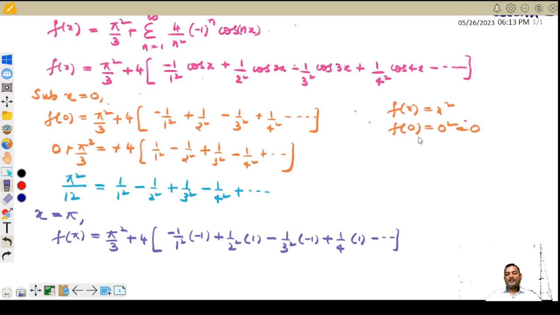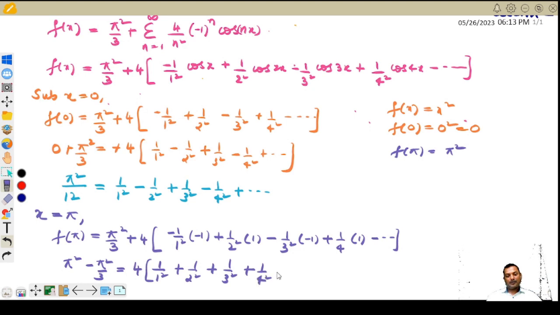So again, f of x equal to x square, f of pi becomes pi square. Just substitute, this is pi square. Transferring, this is minus pi square by 3 is equal to 4 times of minus minus plus 1 by 1 square, 1 by 2 square, again minus minus plus 1 by 3 square plus 1 by 4 square plus so on. Okay, fine.